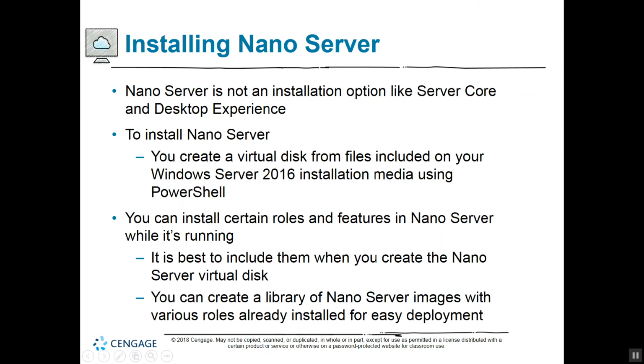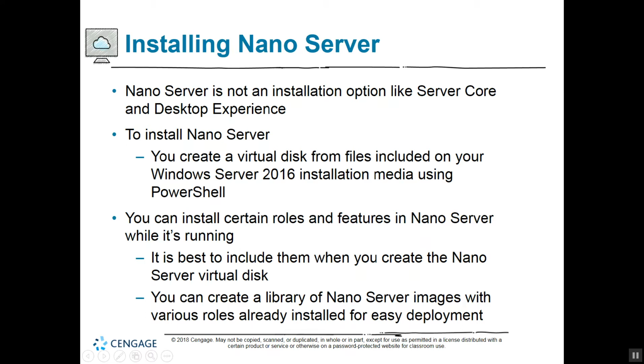Now, installing Nano Server is not an installation option like Server Core or Desktop Experience. To install Nano Server, you create a virtual disk from files included on your Windows Server installation media using PowerShell.